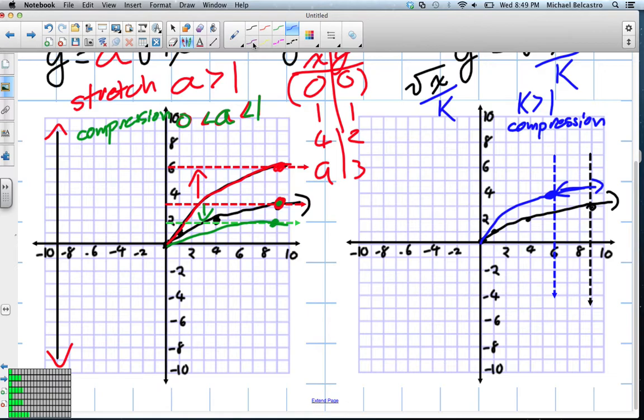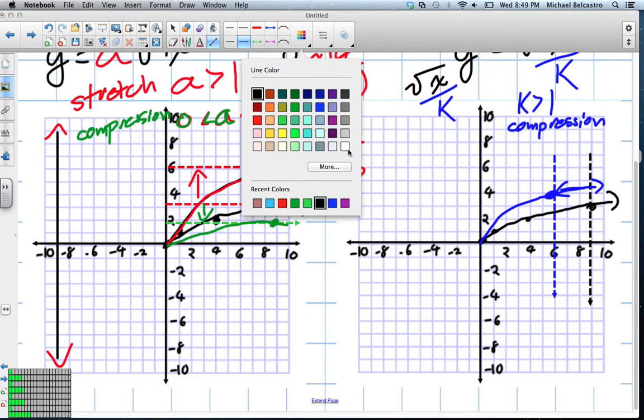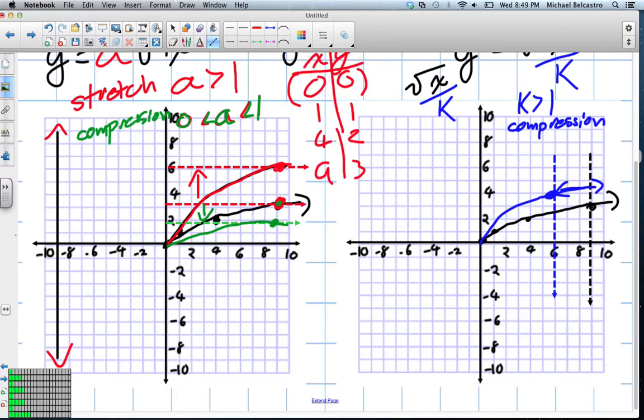If we have, we'll do a purple line here, if k is between 0 and 1, so if k is less than 1 but greater than 0, it's being stretched, pulled that way. So what ends up happening is we get something like this.